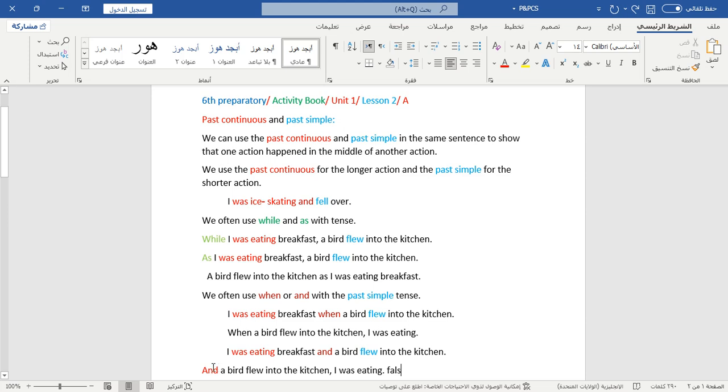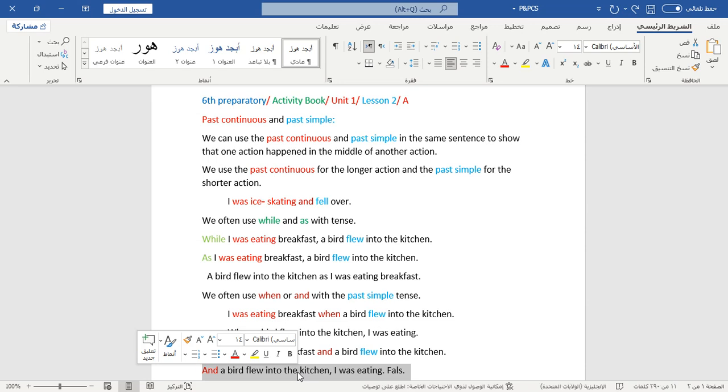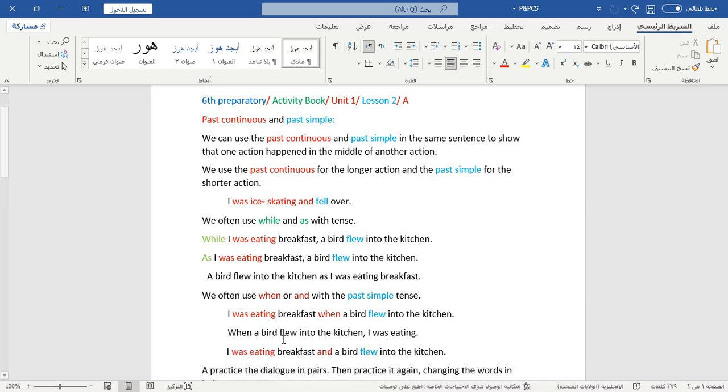Not true, because in the meaning it is wrong and always should be in the middle. Okay, I delete it because it is wrong. Oh my god. Okay. It's wrong.